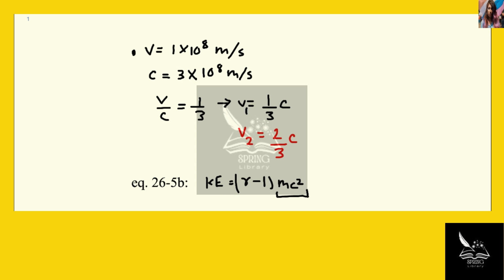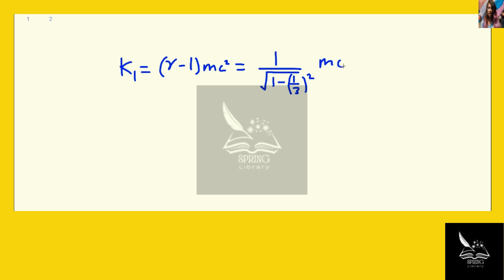So you have this equation. Let's compute the kinetic energy for the first case. Velocity is 1/3 the speed of light. Let's call that K1. That would be gamma minus 1 times mc squared, which would be 1 over square root of 1 minus 1/3 squared, times mc squared.